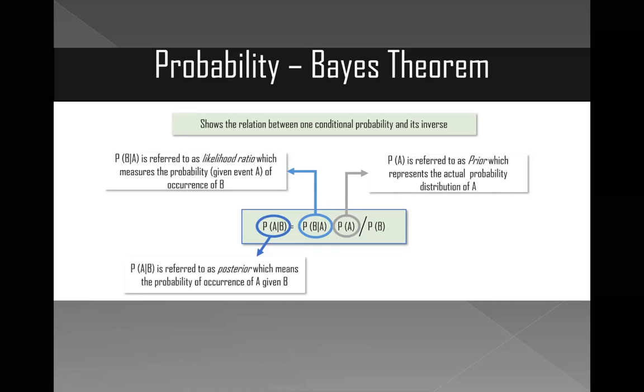And then it is divided by the probability of B. So we have to calculate the posterior probability for the occurrence of A given B. This is the posterior probability. This is how the Bayes theorem works. To calculate the posterior probability, we need the maximal likelihood function as well as the prior probability, divided by the evidence, that is, P of B.